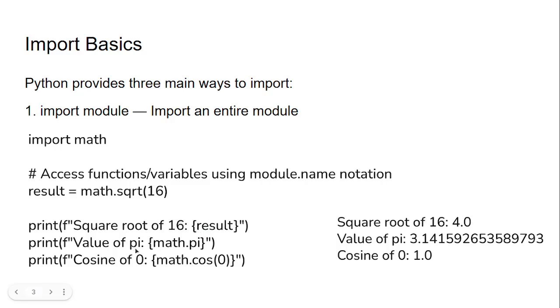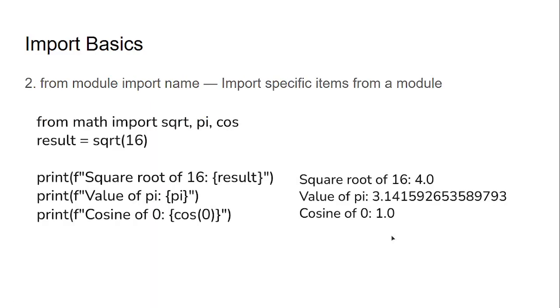We can also access the pi value from math, and that gives us the value of pi. We can also access the cosine function in math. That gives us the value of cosine of 0, which is 1.0. We can also use from module import name, where we import specific items, functions or variables from a module.